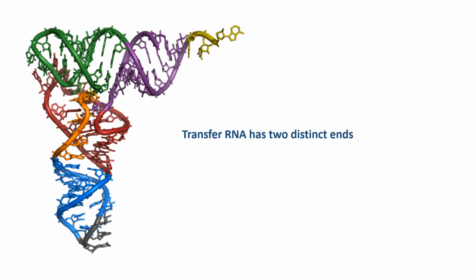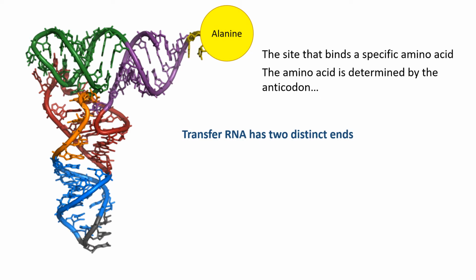So transfer RNA has two distinct ends. At the top there, you can see what we've got is a binding site for a specific amino acid. In this case, I've put in alanine for the sake of argument.